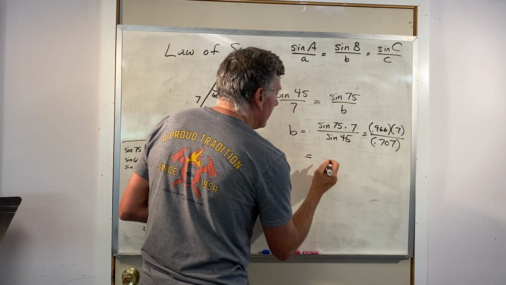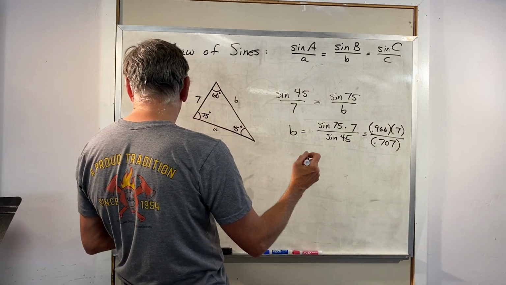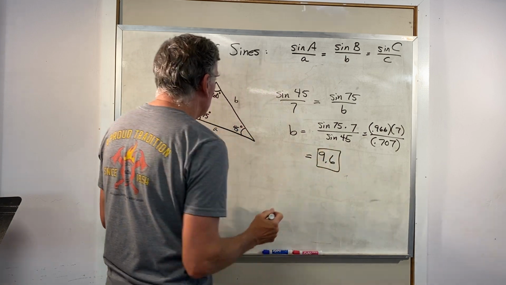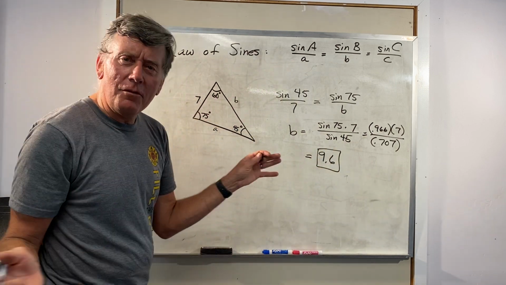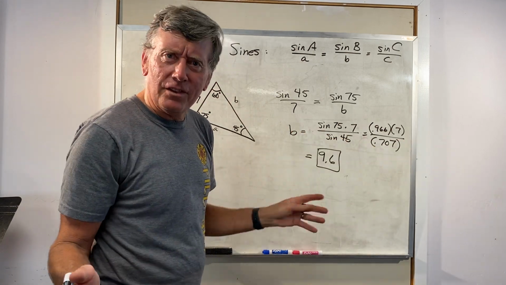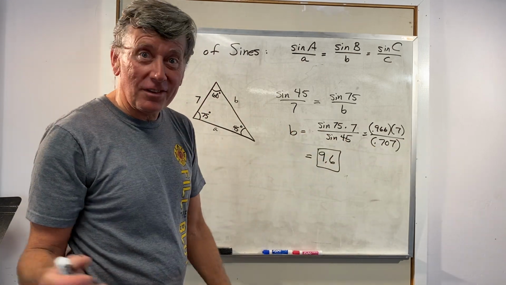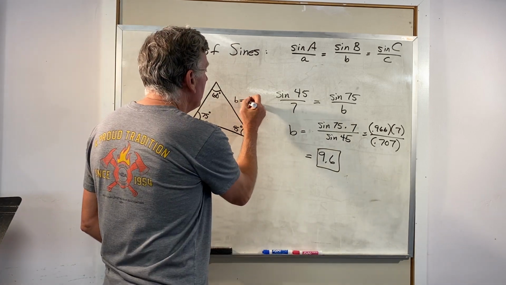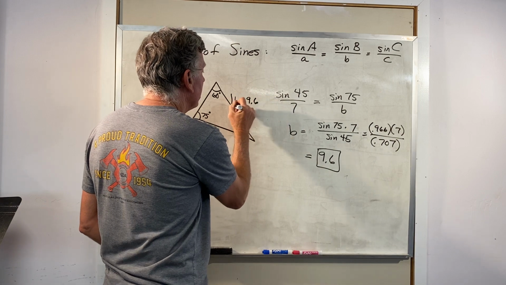And I get B equal to 9.6. Obviously, I can put a bunch more decimals there, but for this class, be satisfied with a single decimal point. It's fine. So B is 9.6. Got it.